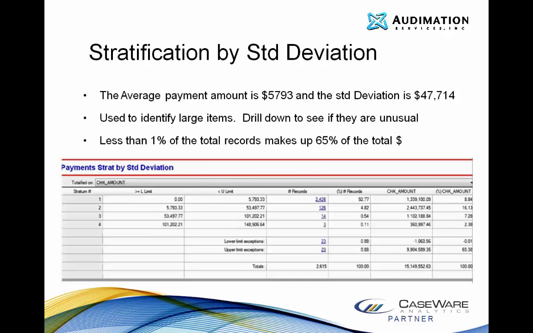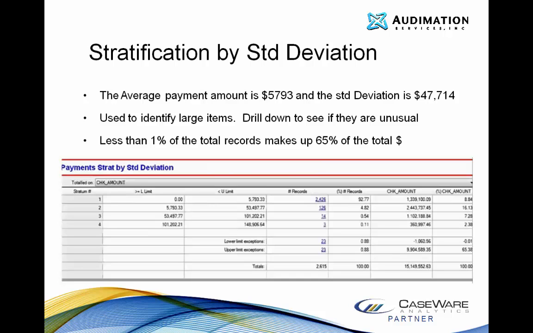So if I want to look at the large ones, I have 23 that are over the upper limit and 3 that are in strata 4. I can click down and drill into them and see exactly what they are so that I can decide if they're unusual or not. Generally speaking, in most schools, the large items may or may not be unusual. They're going to be like maybe bus purchases, debt payments, things of that nature.